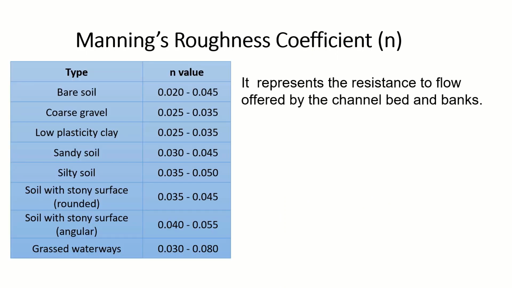So from the table you can get the appropriate values of roughness coefficient suggested by Manning. So these are some of the roughness coefficient values. For bare soil, the N value is 0.02 to 0.045. For sandy soil, it is 0.03 to 0.045.